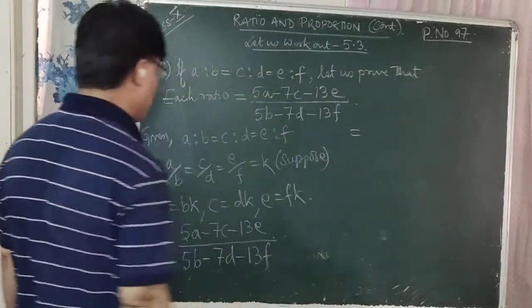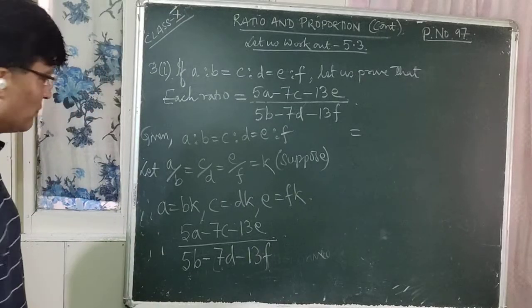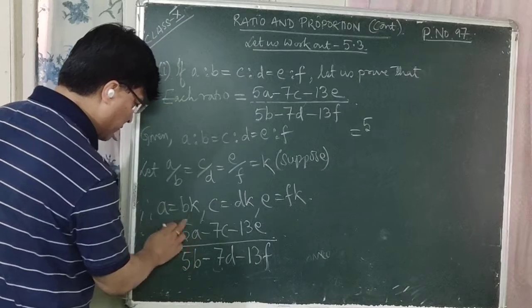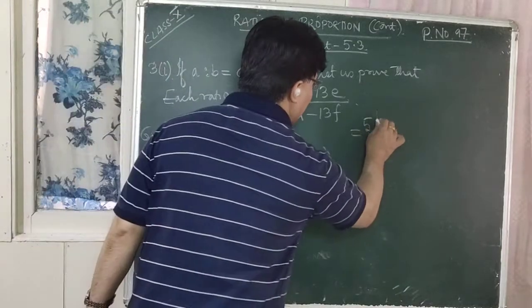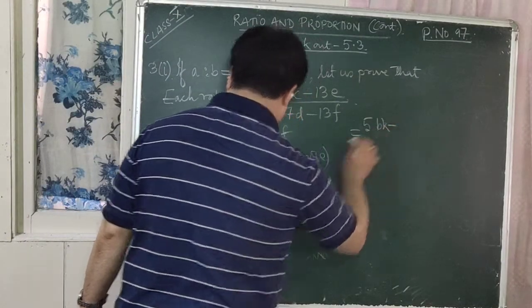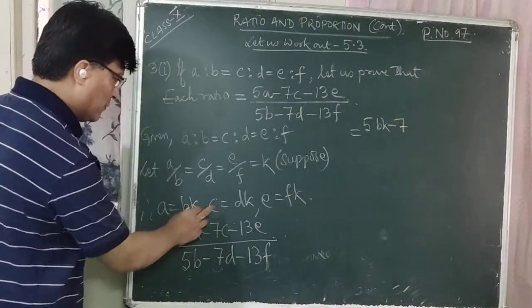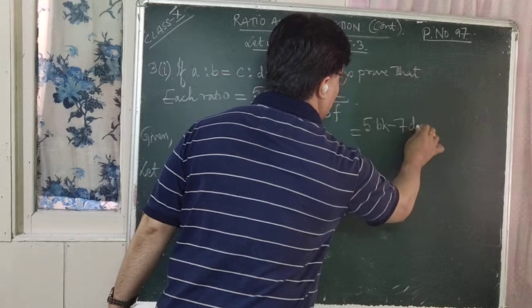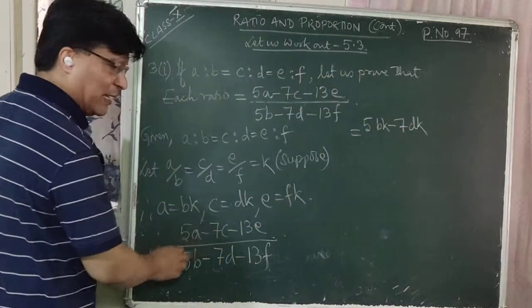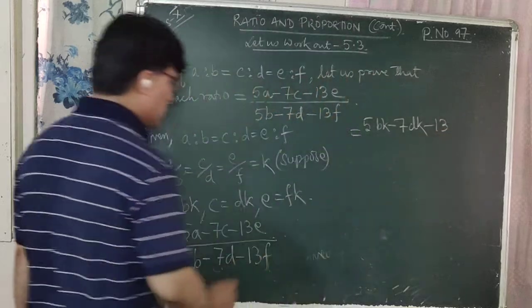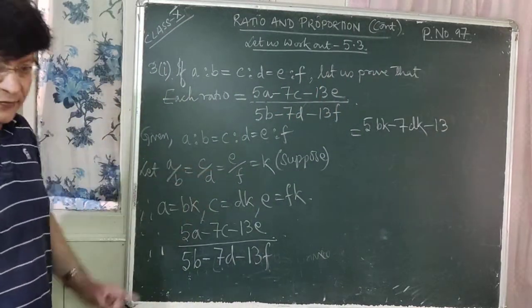Let us put the values for A, C and E in terms of K. So 5 into, what is A here? What is the value for A? BK. Write BK. Then minus 7 into what is C? What is the value of C? DK, and minus 13E. Minus 13, what is the value for E? It is FK.